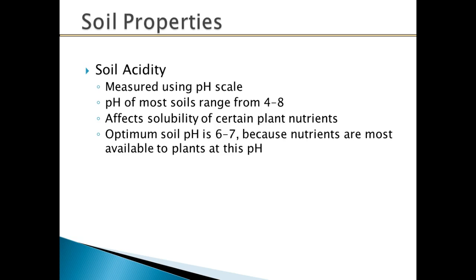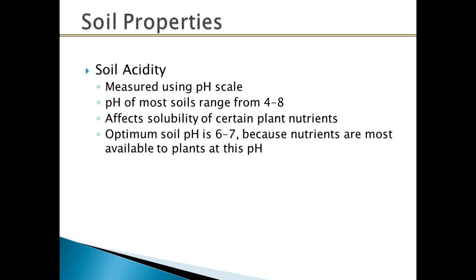So you see slightly more acidic. Plants can tolerate more acid really than they can tolerate it being alkaline, because it only goes up to 8, 7 being your neutral. But that's the range that most plants like.